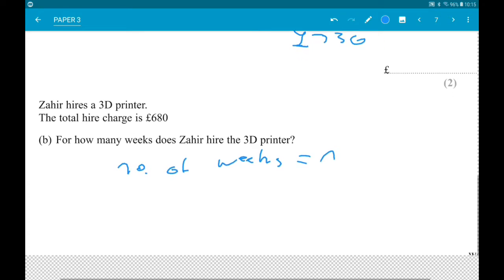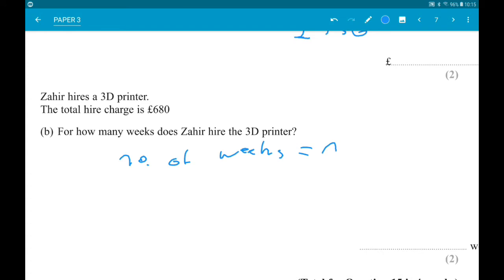Now, we know the total hire charge is £680. So that's 70 times the number of weeks, so 70n, add 50.